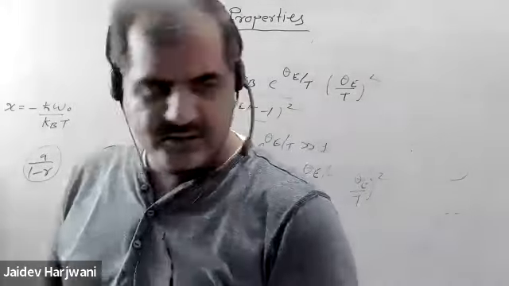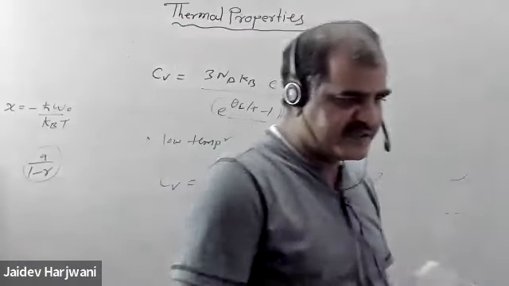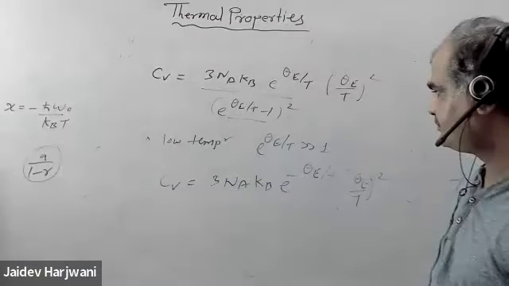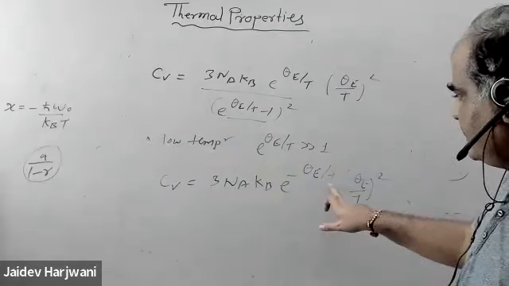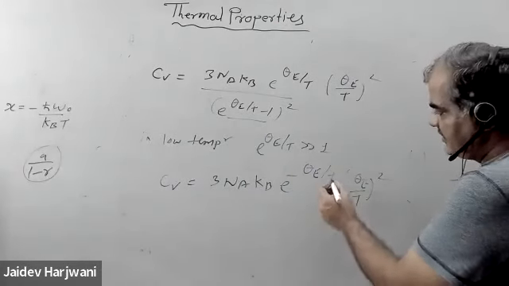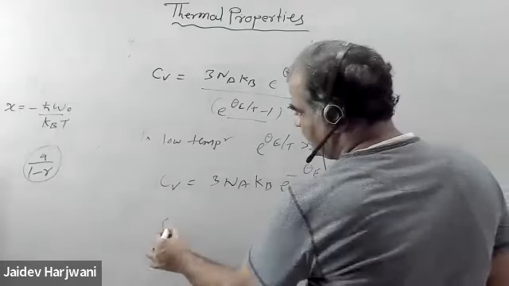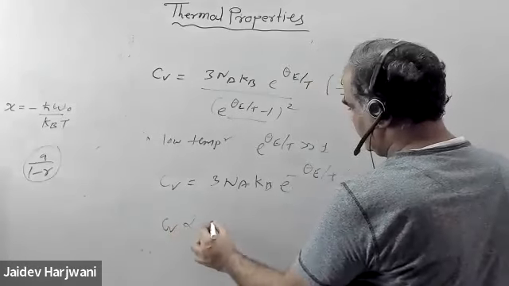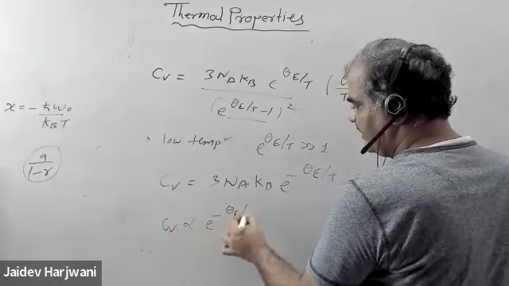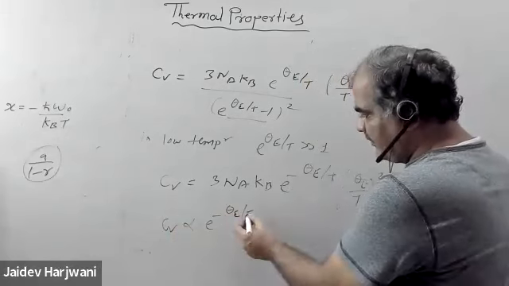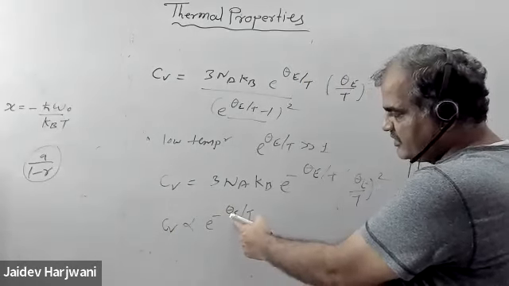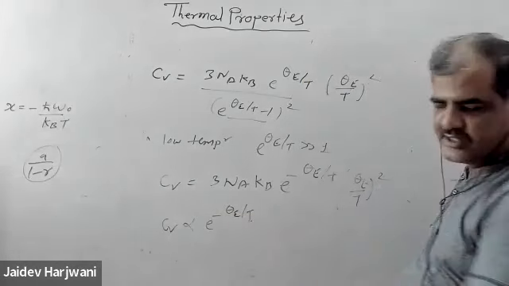Now this expression says your specific heat is proportional to e power minus theta e by t, because at low temperature this exponential factor will dominate compared to t square.